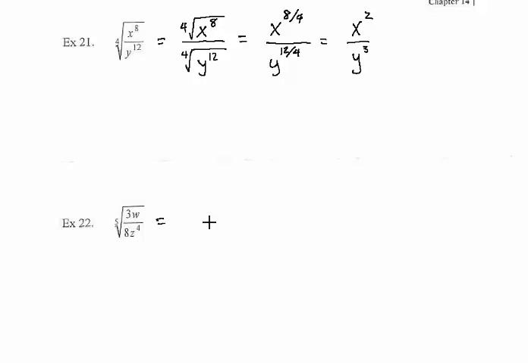That's not the case with example 22. Alright, the exponents are not evenly divisible by the index number, and so this is slightly more tricky. What we'll do is we'll work inside the radical first.